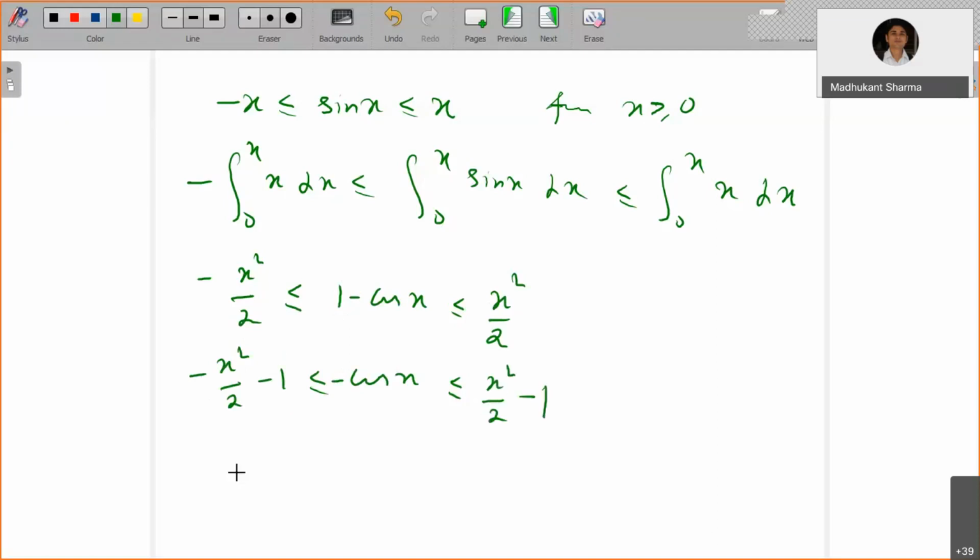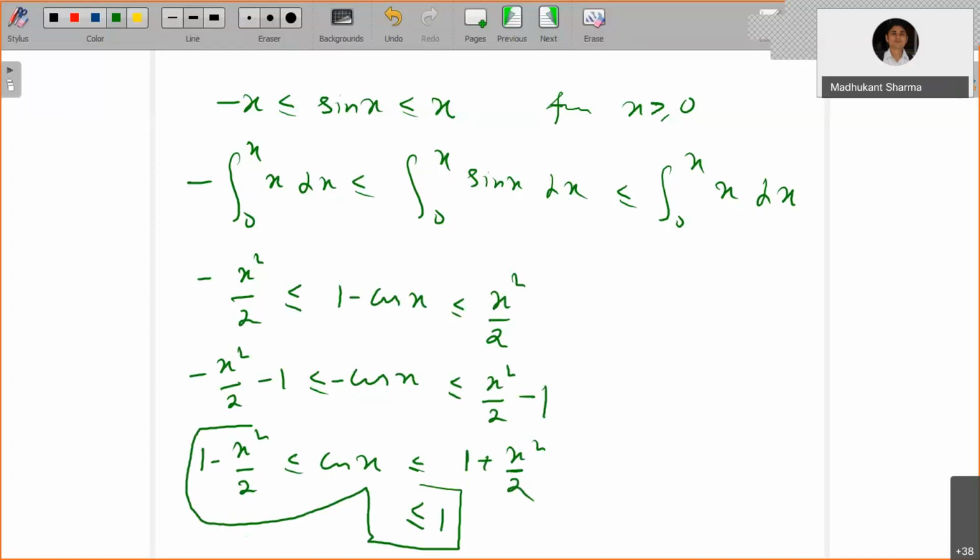Now if you multiply both sides by minus, what you will get is 1 minus x square by 2 less than equals to cos x less than equals to 1 plus x square by 2. Now, since cos x can never go beyond 1, you can certainly have this less than equals to 1, and you have this following inequality.